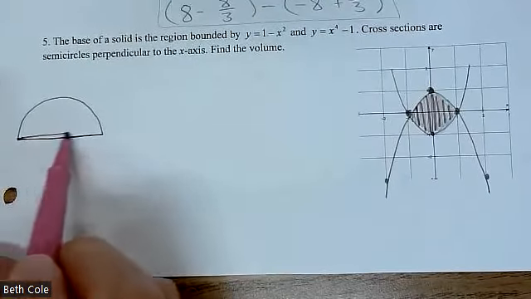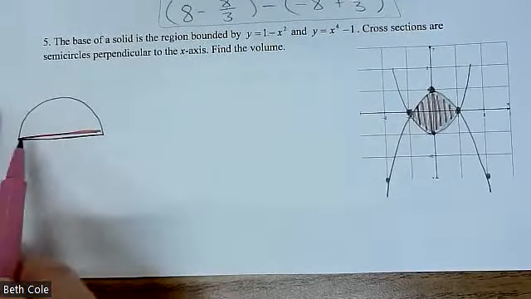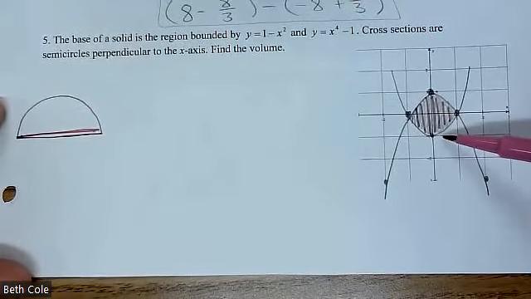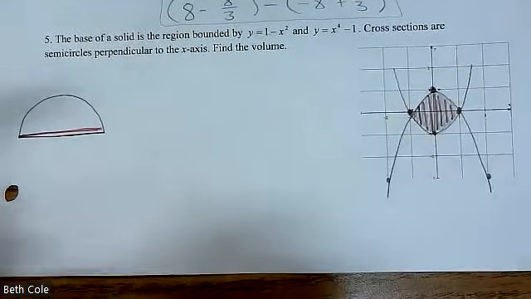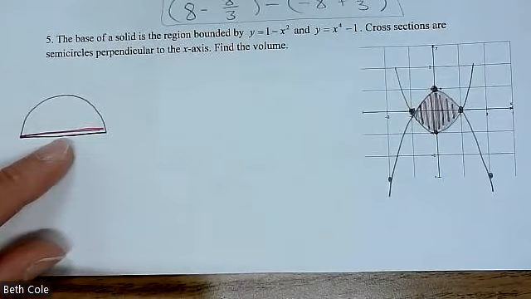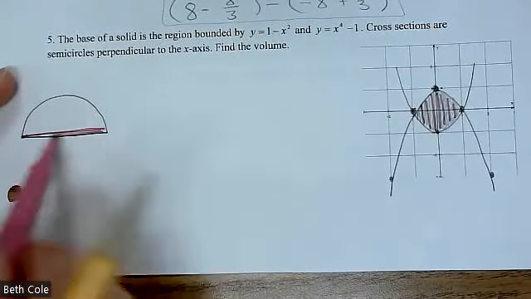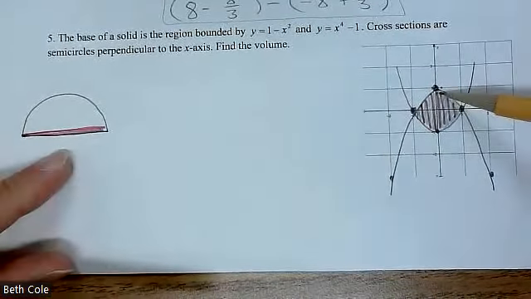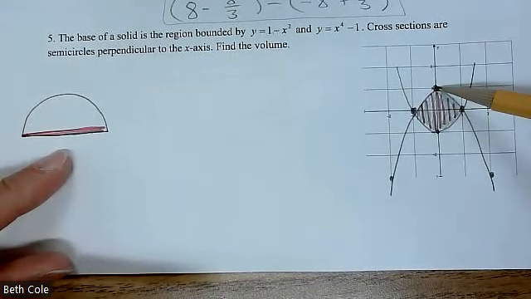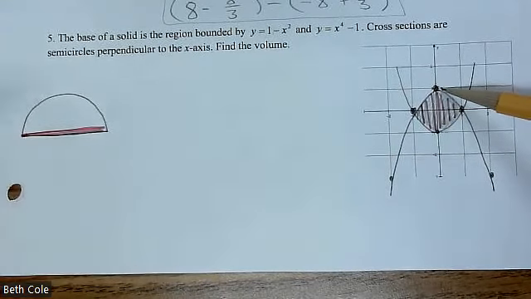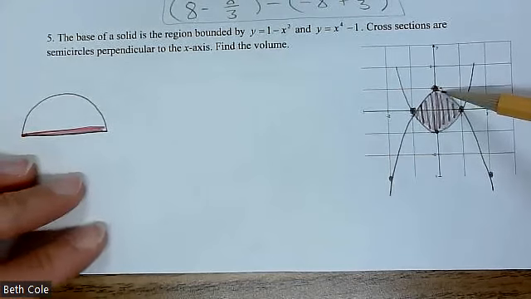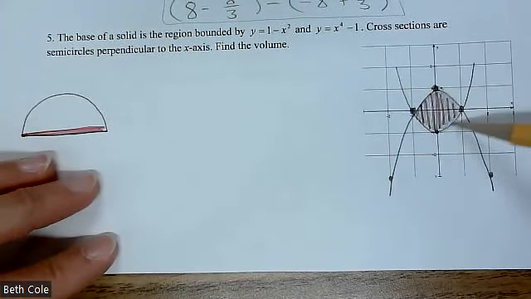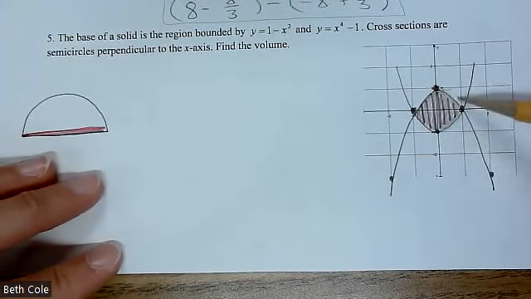So the base of this is going to be what? How do we get that? How do we get the base of our shape? I wouldn't call them boundaries, it's the graph, but the upper graph minus the lower graph. All right, so which one is the upper one?